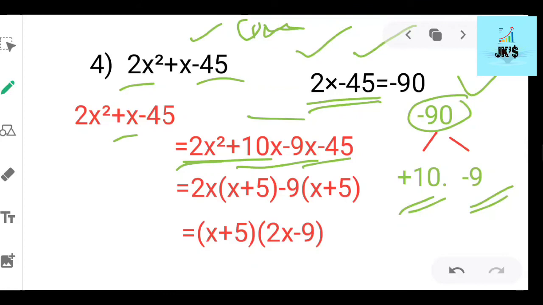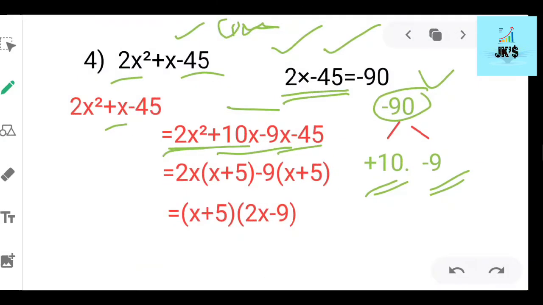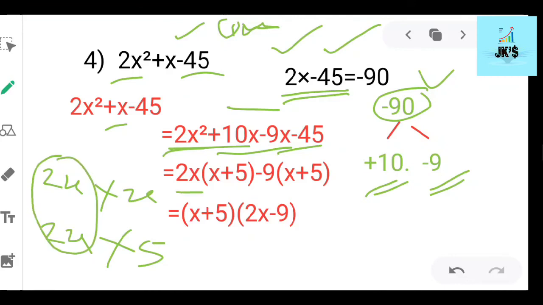2x square plus 10x. 2x square is written as 2x into x, and 10x is written as 2x into 5. 2x is taken common. What remains? x plus 5. Now the next term, minus 9x is written as minus 9 into x, and minus 45 is written as minus 9 into 5.